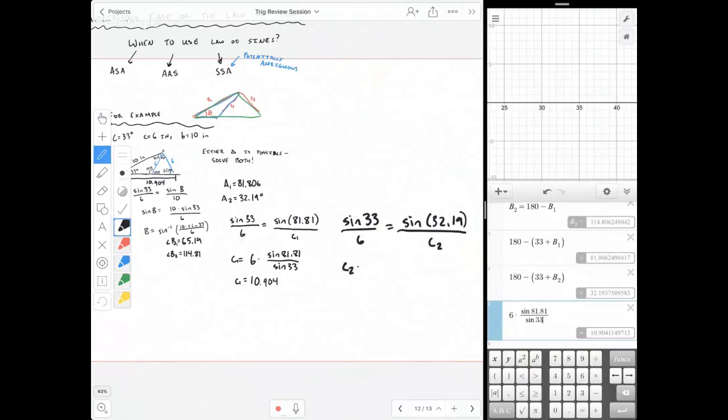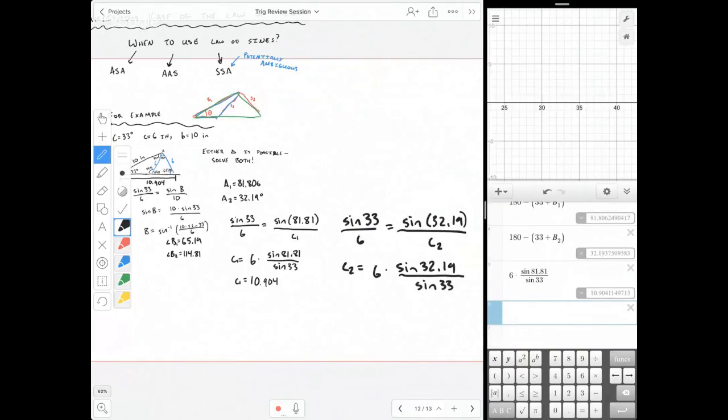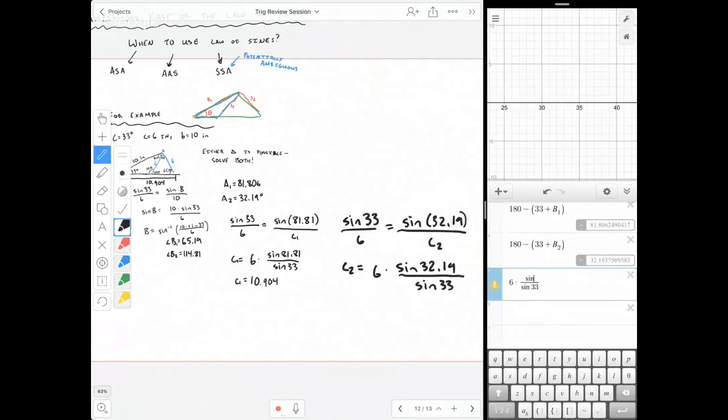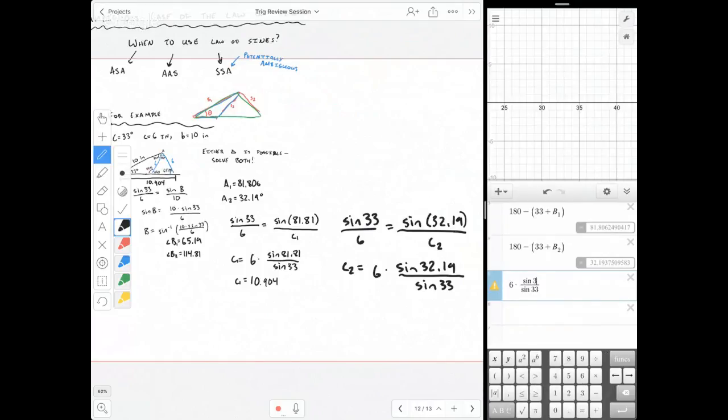So that C2 would equal 6 sine 32.19 over sine 33. That's 5.87.